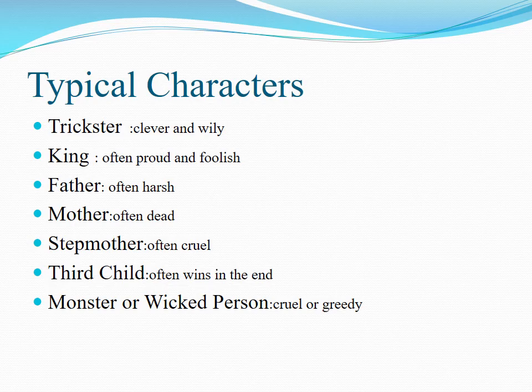He tested his sons by giving a task to see who would do it properly. Similarly, the third child was the hero of that story and he won. If there is a monster or a wicked person, he is often declared as cruel or greedy.